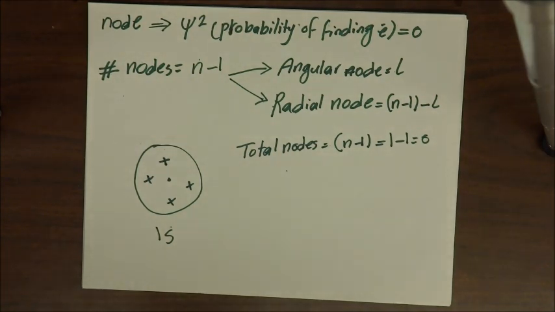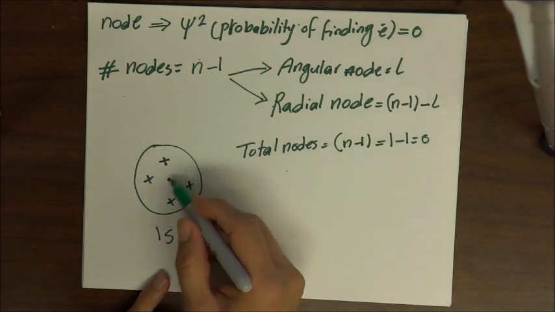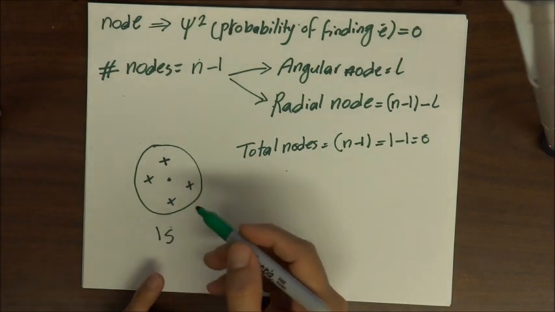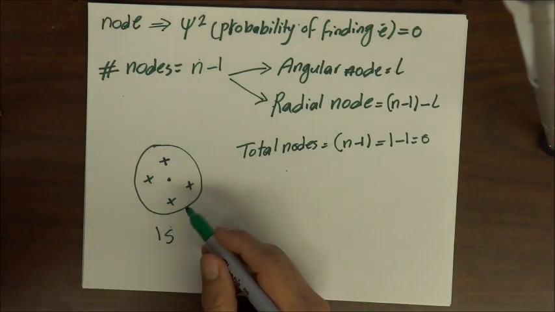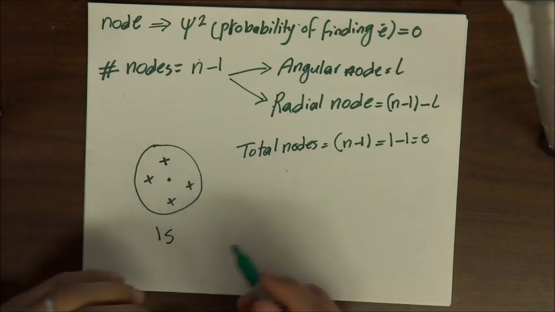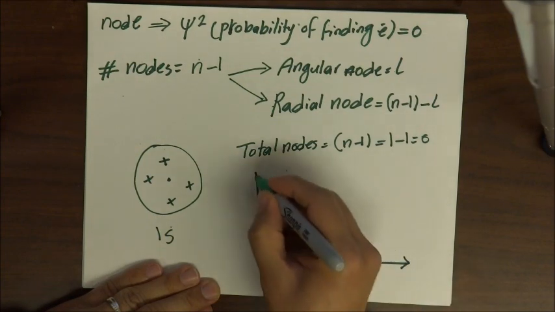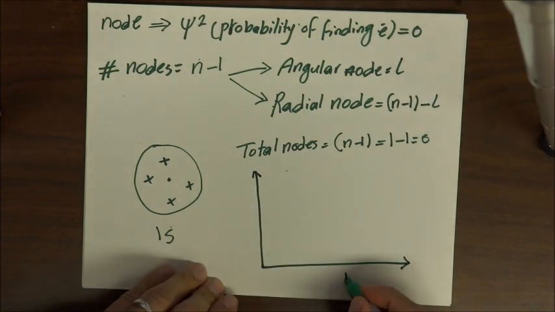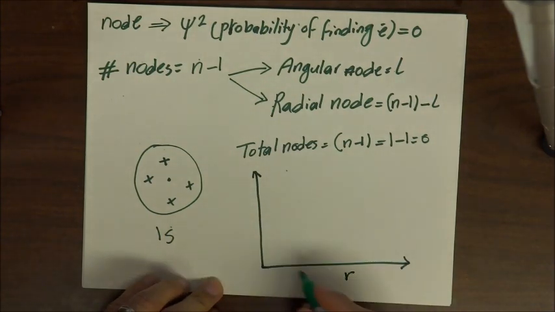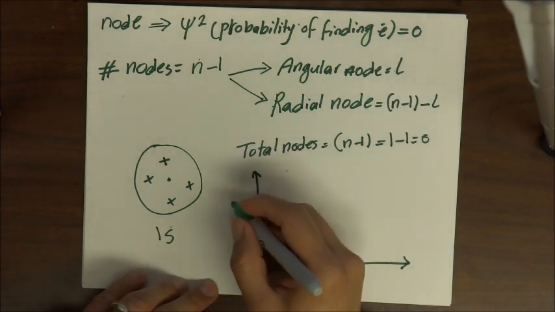Now I want to show the radial distribution for this orbital. Radial distribution will tell you if you move in any direction, what's the probability of finding an electron at that specific r or distance. The way we show the radial distribution, we put distance versus probability or psi squared.